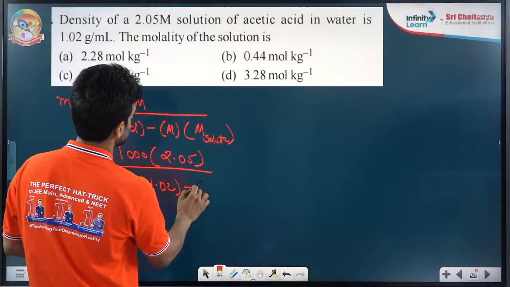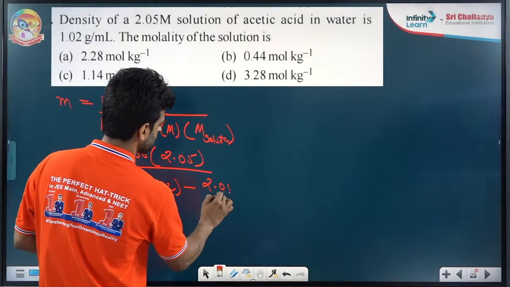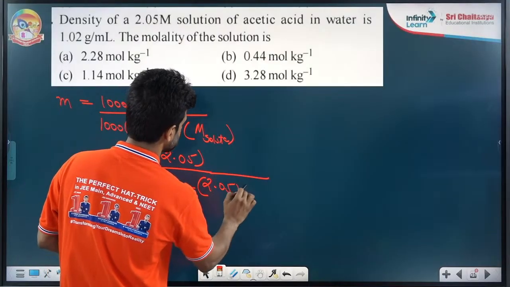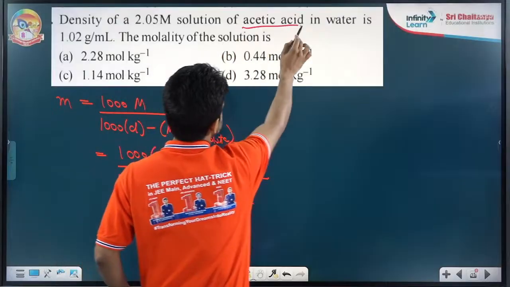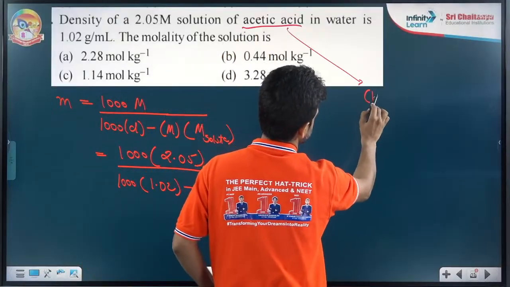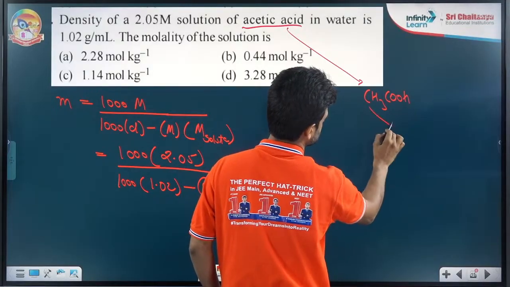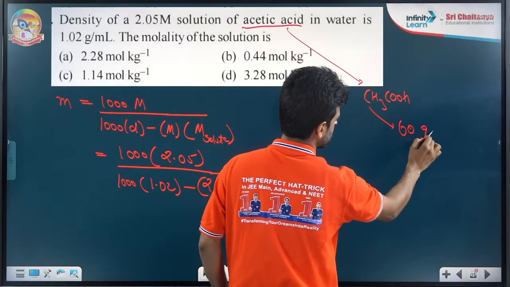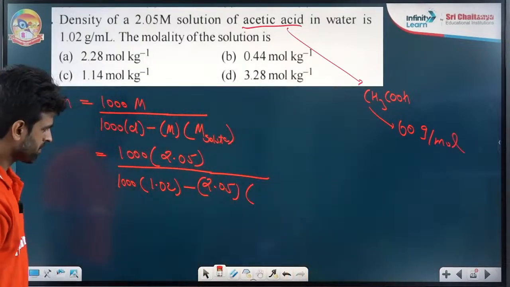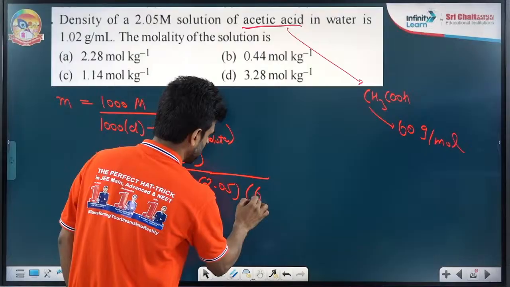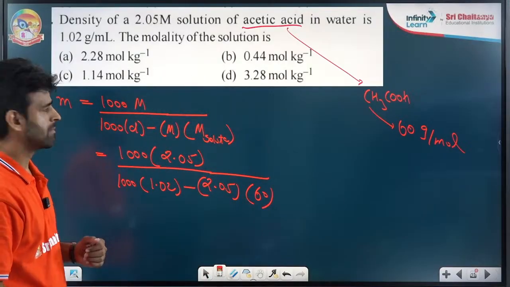Minus molarity, that is 2.05, into the molar mass of solute, acetic acid. Just now we have seen acetic acid is CH3COOH. So from here you can say the molar mass is 60 gram per mole. You can take 60 gram per mole here, right? So I will multiply by 60. Can you solve this? Give me the answer.